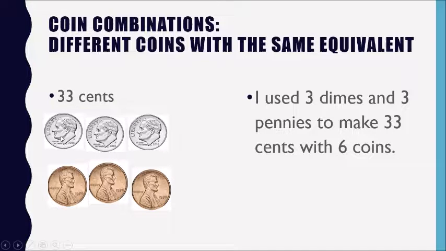We know 3 dimes is 10, 20, 30, and we know to count the pennies by 1, so that's 31, 32, 33. And take a look at the statement. It says, I used 3 dimes and 3 pennies to make 33 cents with 6 coins. 1, 2, 3, 4, 5, 6. 6 coins.